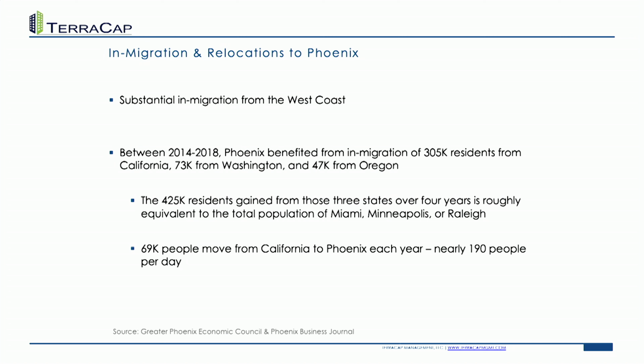And the residents, that's 425,000 residents, okay, they gained in those 4 years from those three states. That's more than the total population of the cities of Miami, Minneapolis, and Raleigh in a period of 4 years. It's pretty amazing. So now you can see where you want to be investing in real estate.